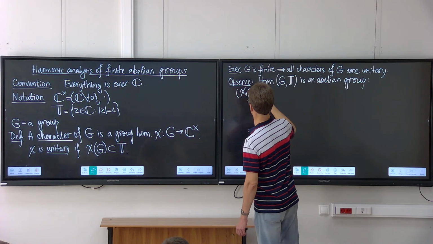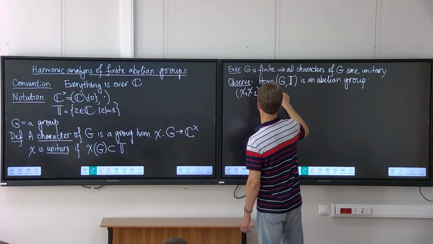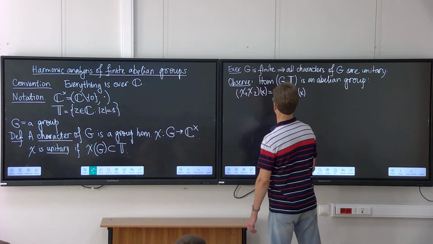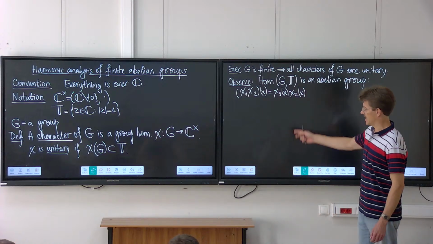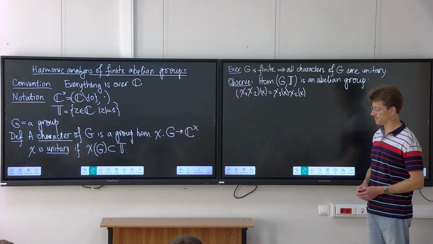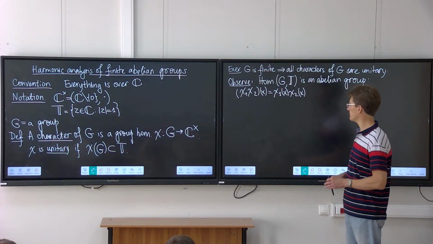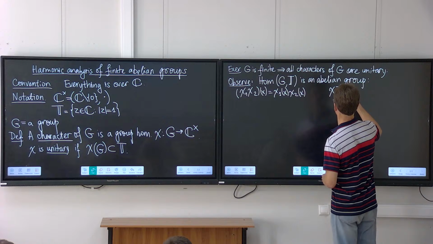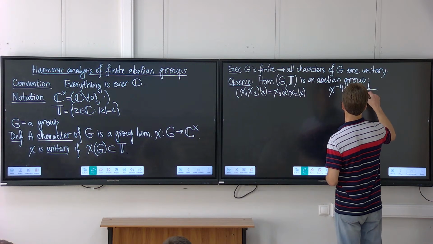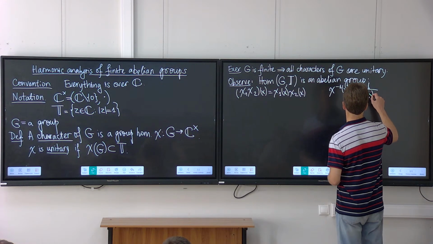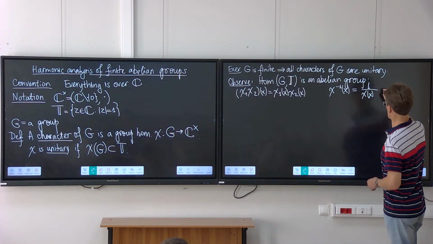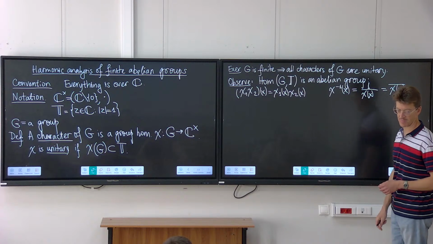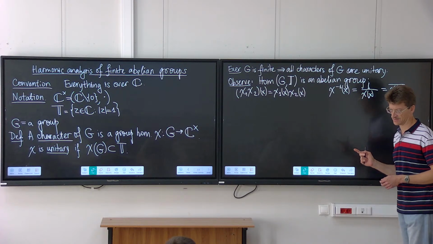We can multiply them pointwise, and the resulting function is also a unitary character. Of course, the identity element in this group is the character which is identically 1, and the inverse character of chi is just 1 over chi of x, which is, by the way, equal to the complex conjugate of chi of x, because chi of x sits on the circle.